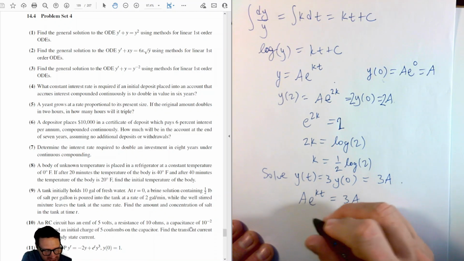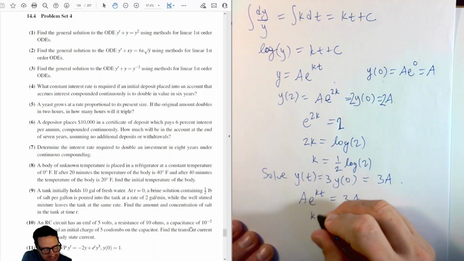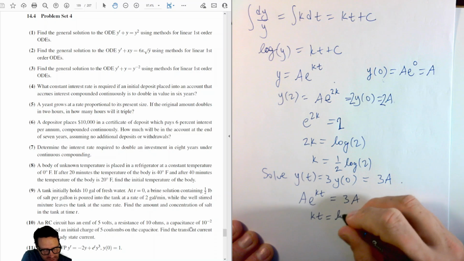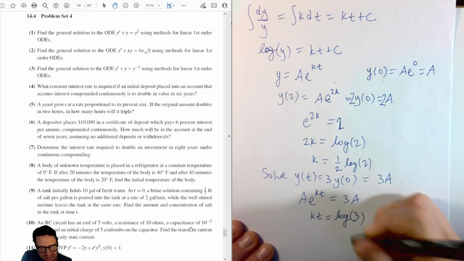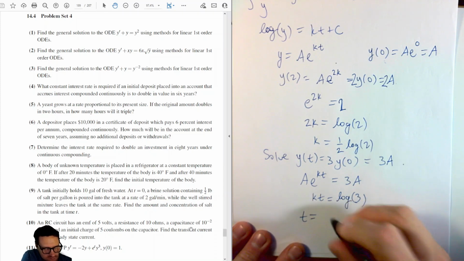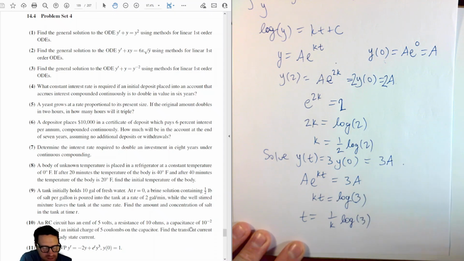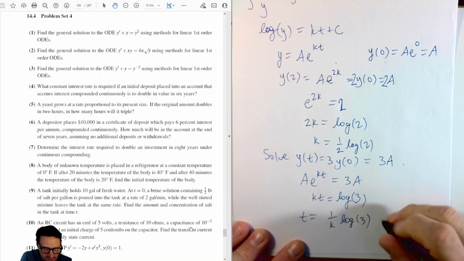And so then we have e to the kt is 3, or kt is the natural log of 3. So this gives us t is equal to 1 over k natural log of 3. But k is 1/2 natural log of 2.